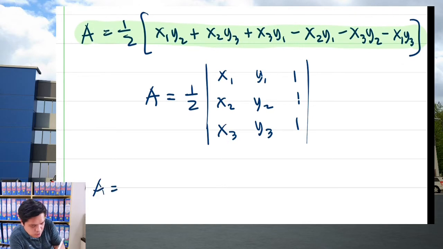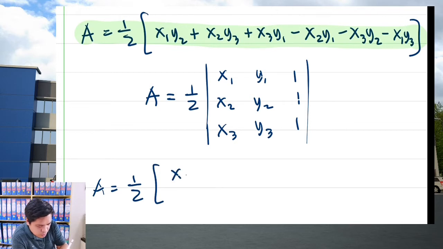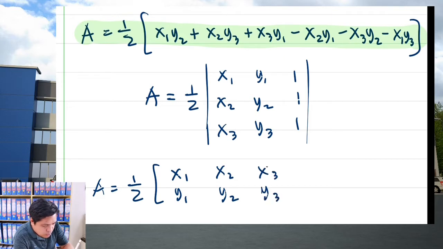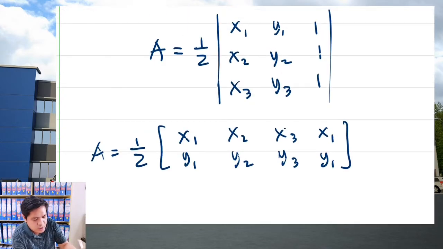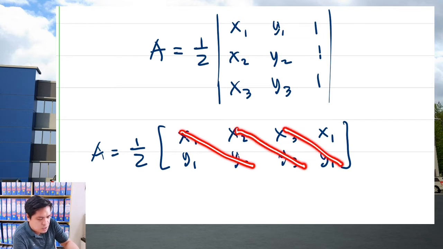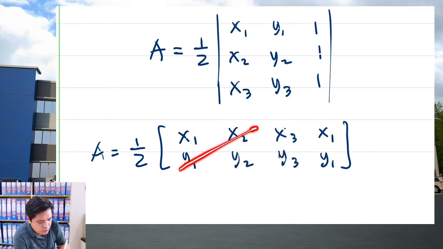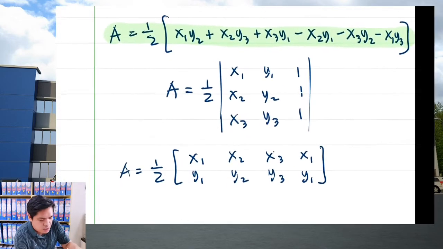Pero, much more easier. Ganito na lang. Pattern na lang tayo. You may write it this way: x1, y1, x2, y2, x3, y3, then go back to x1, y1. Then the pattern is like this. This times this, plus this times this, plus this times this, minus this times this, this times this, this times this. Ayan, tingnan natin.